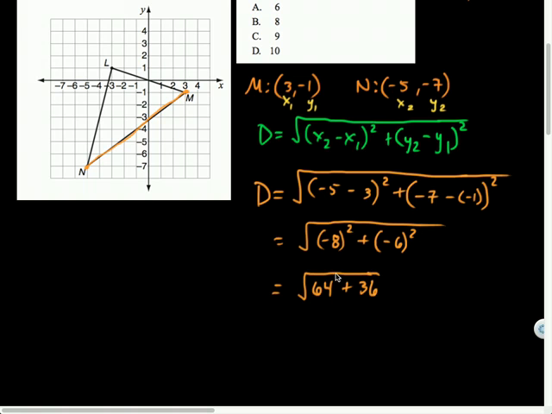Some people will also make a mistake here where they incorrectly distribute a square root over addition. They'll say that's the same as the square root of 64 plus the square root of 36, and those people are wrong. We actually have to combine these insides first. I'd get the square root of 100, which is equal to 10, revealing my answer. So it is a decent amount of work here.